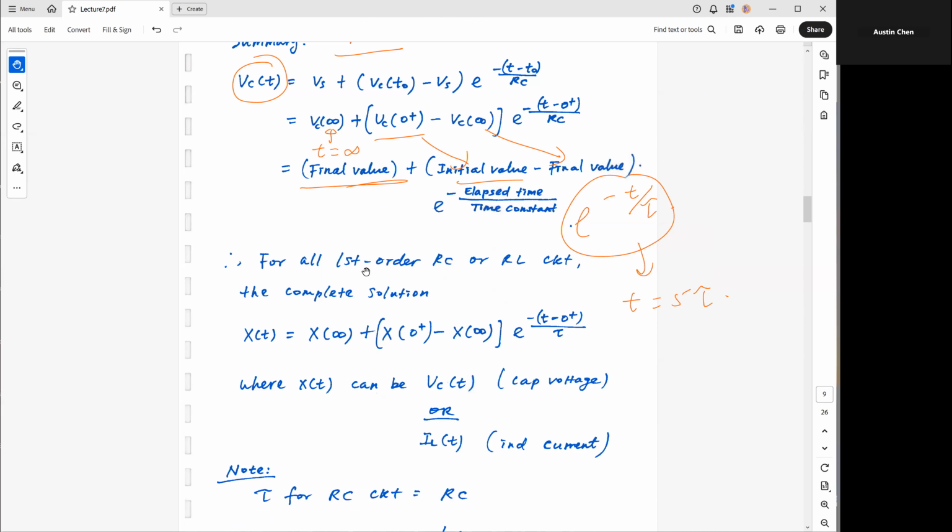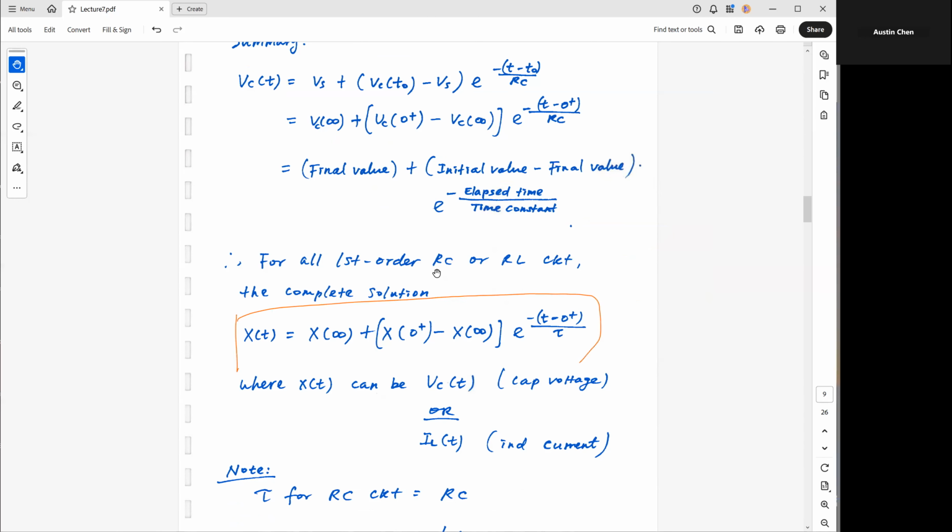Now similarly, if I were to generalize this expression, this solution, and make it universal, then instead of writing just VC of t, I'm going to use x of t. If you're dealing with RL circuits, you will still be following the same form.